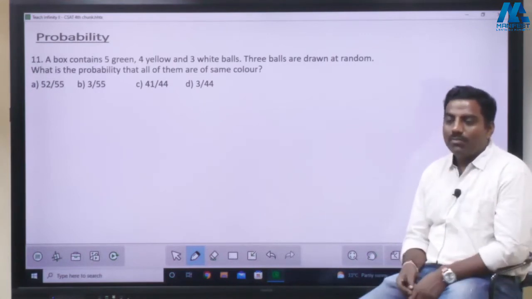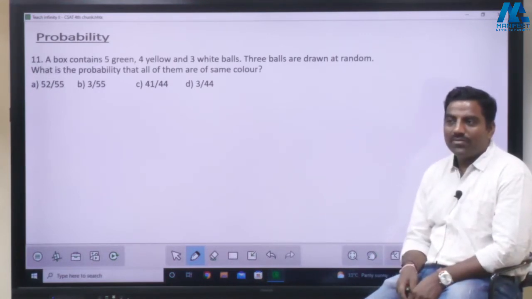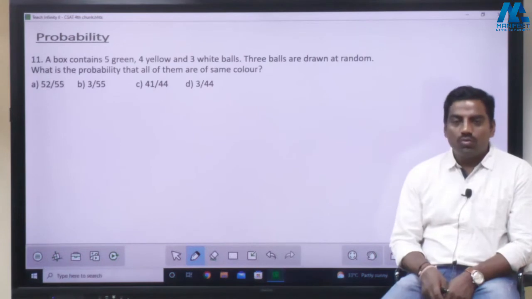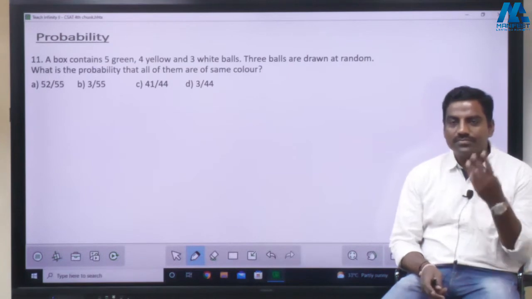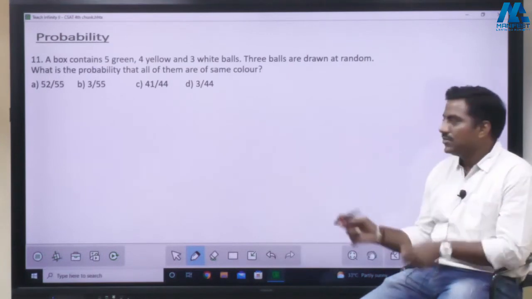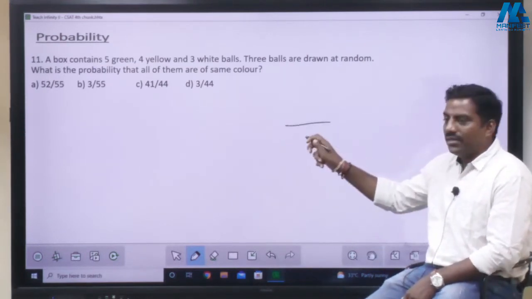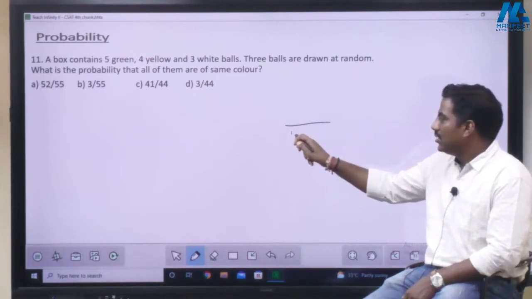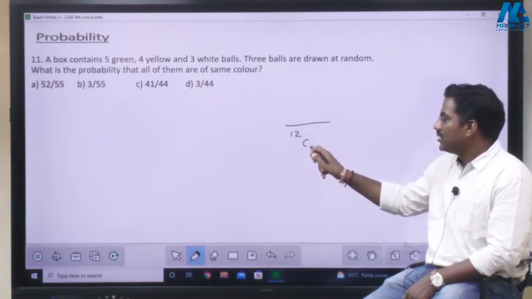So how many balls are there totally? Totally 12. Out of those 12 balls, how many do you want to pick? So in the denominator, what should I write? 12 C.